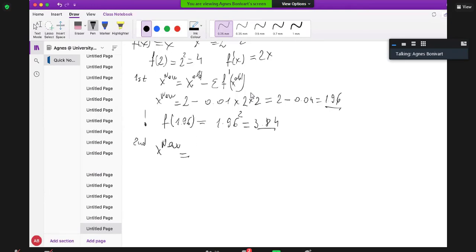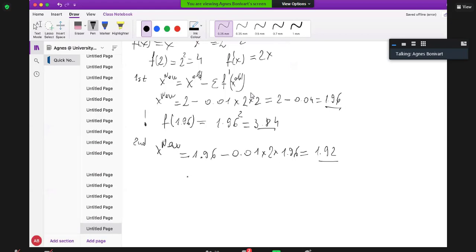Now we need to take the old x. But what is the old x now? The old x is the new x which we gained here. So this new x has grown old very quickly. So this minus 0.01 times the derivative, 2 times the x, which now is the old x, 1.96. And this becomes 1.92. So this is the new x.